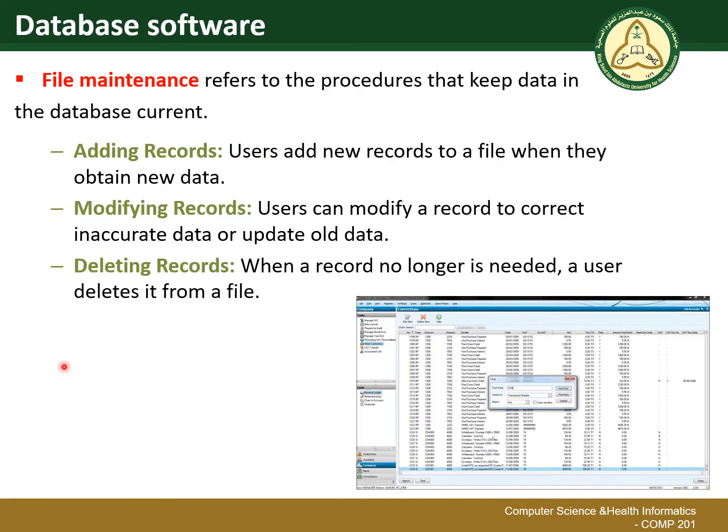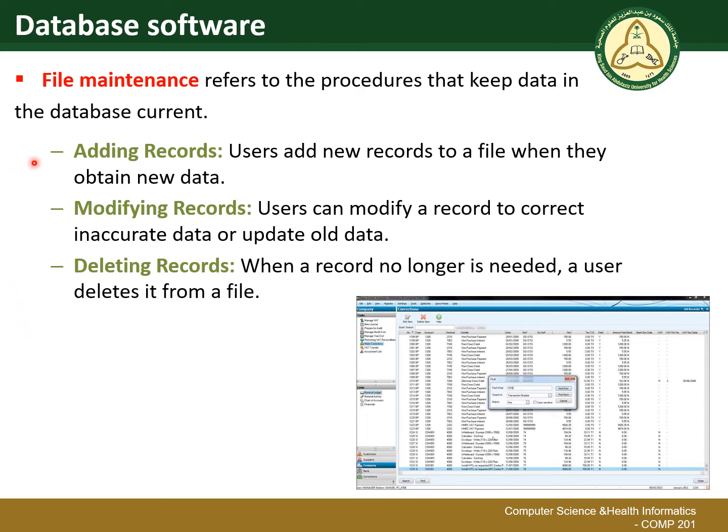So here we come to file maintenance, which is the procedures that keep data in the database current, and it can be done through these procedures: adding records, modifying records, or deleting records.